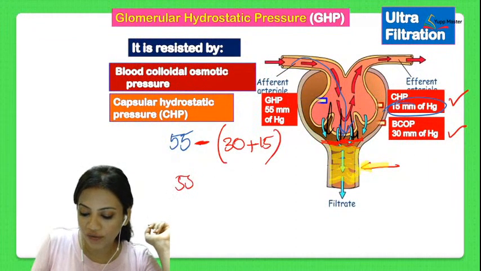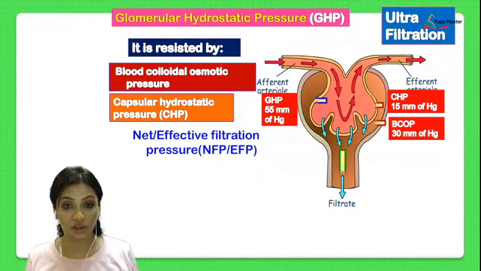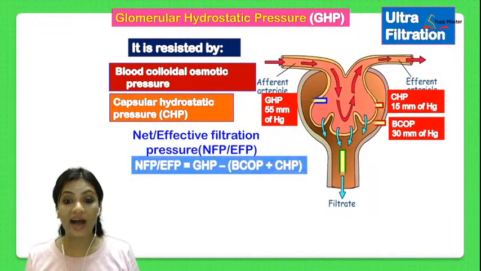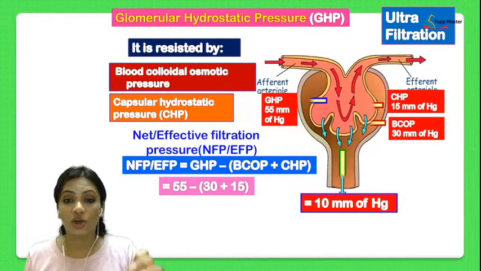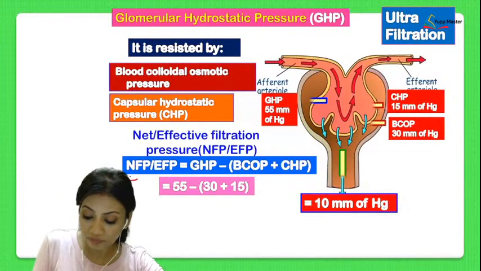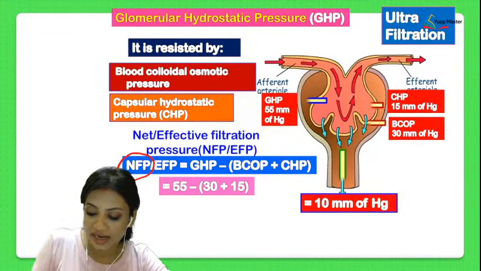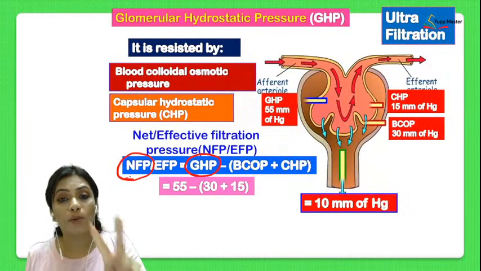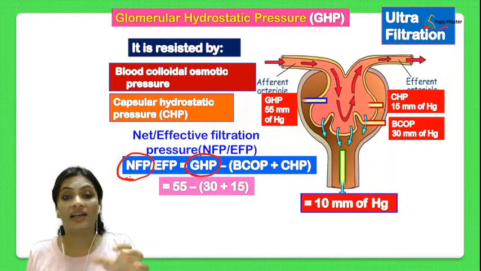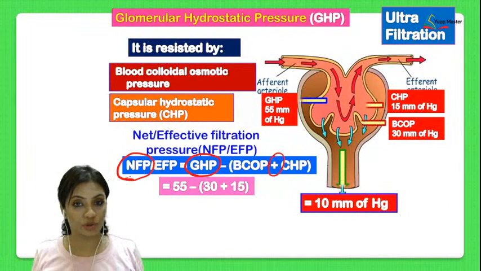So, 55 minus 45. The net effective filtration pressure is going to be how much? It will be 10 mm of Hg. Look at these words that I have written here. Net filtration pressure. What is net filtration pressure? It is the glomerular hydrostatic pressure minus both the resisting pressures. Resisting pressures are acting together, that's why we have added them together.